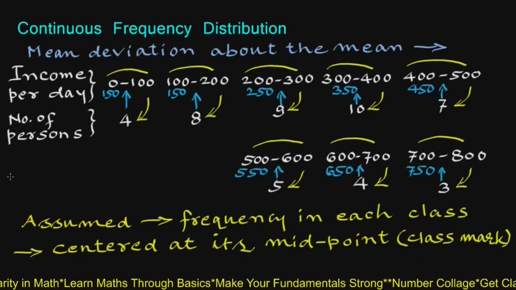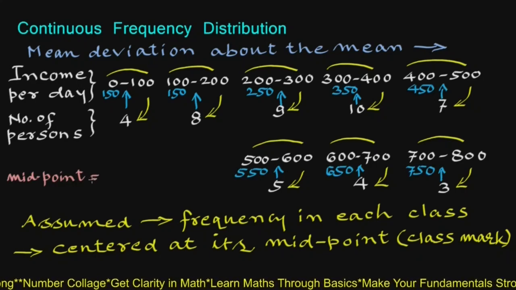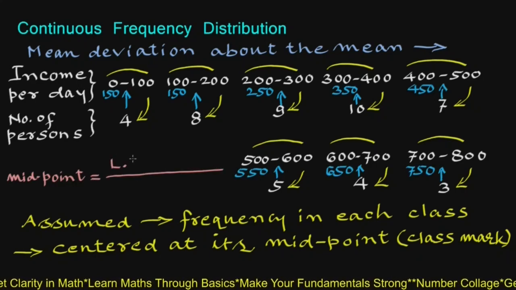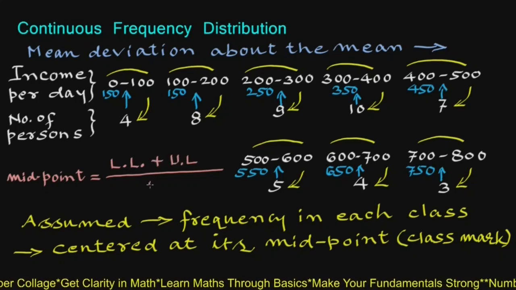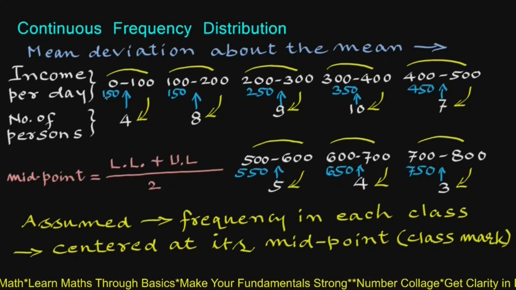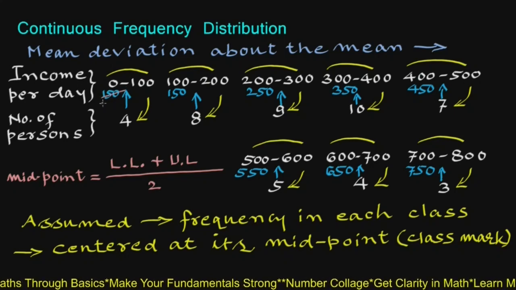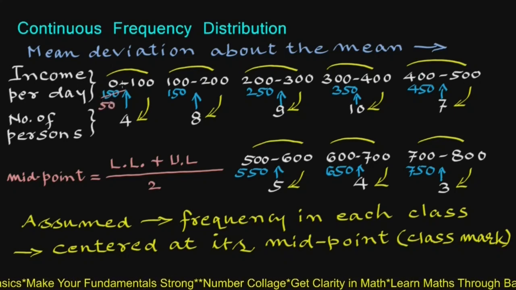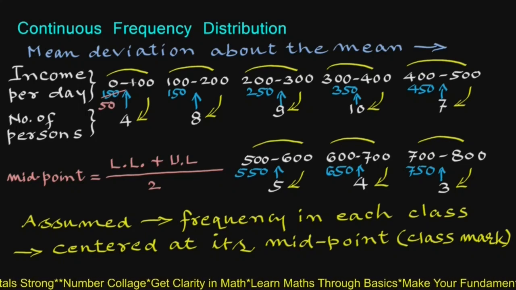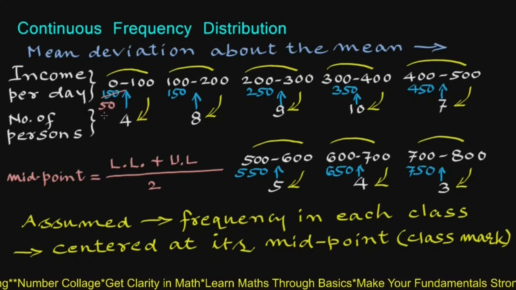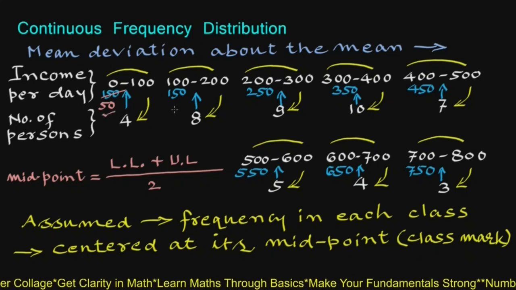And this midpoint is calculated by the formula: lower limit of the class interval plus upper limit upon 2. For example, let me correct this. This should be 50 and not 150. Lower limit 0 plus higher limit 100 will be 100, 100 upon 2 is 50. So the midpoint here is 50.